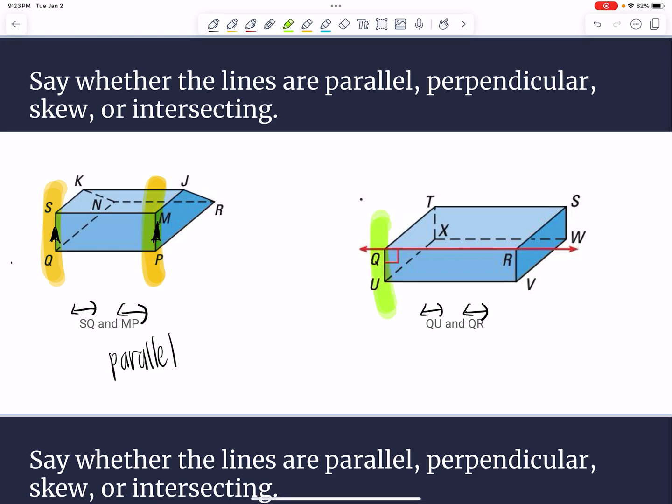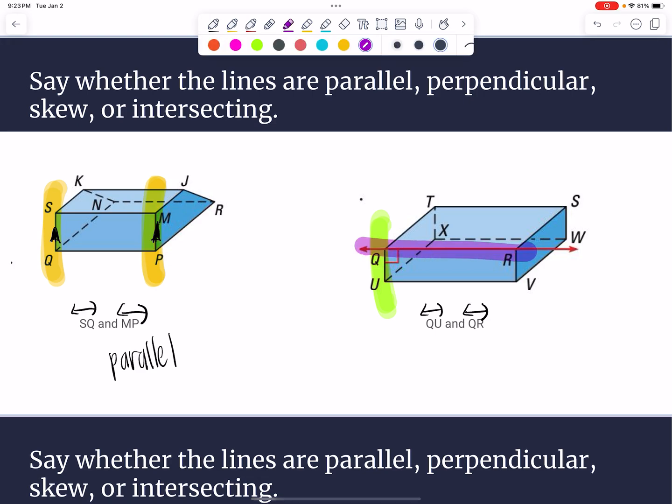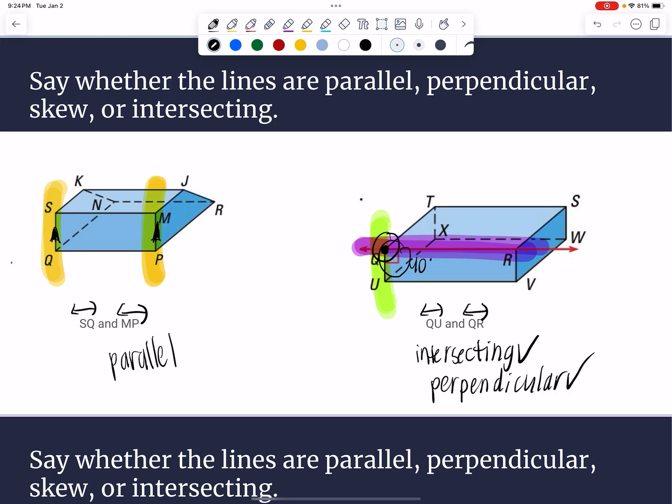QU and QR. Here's QR. Those do cross, so they're intersecting for sure, because they do cross at a point, but also that point crosses at 90 degrees. So they're intersecting, and since they cross at 90, they're going to be perpendicular to each other. Perpendicular.